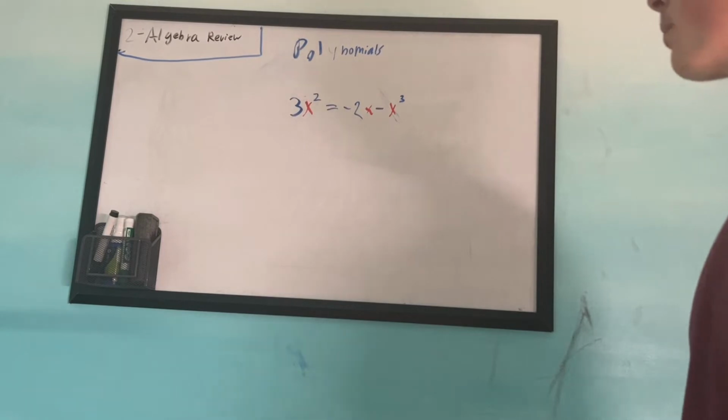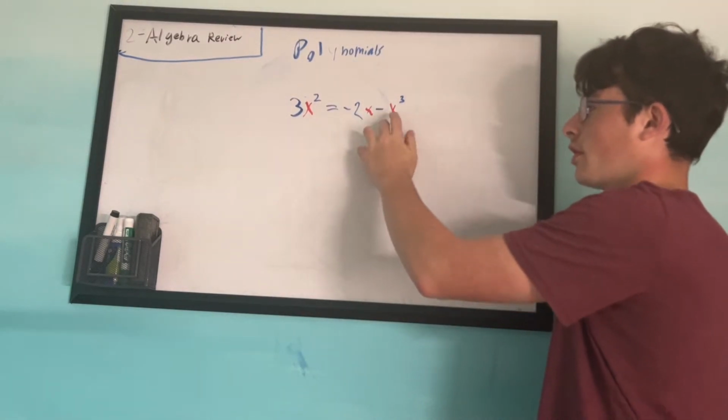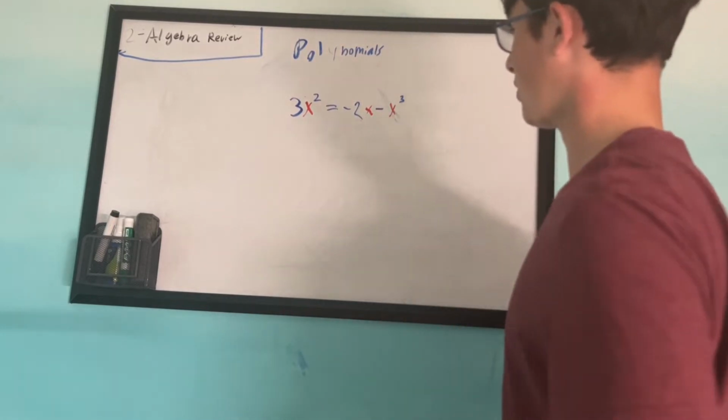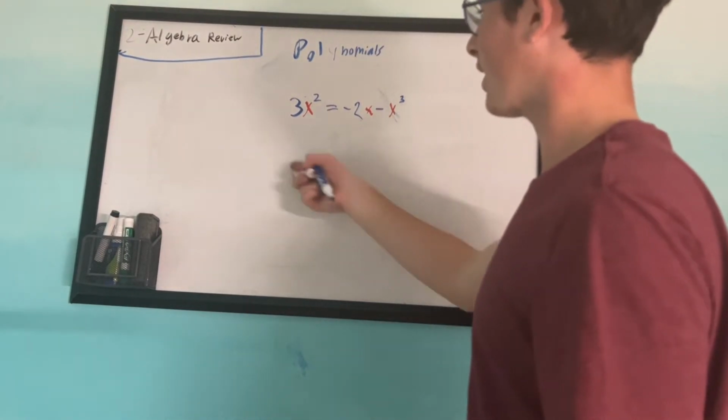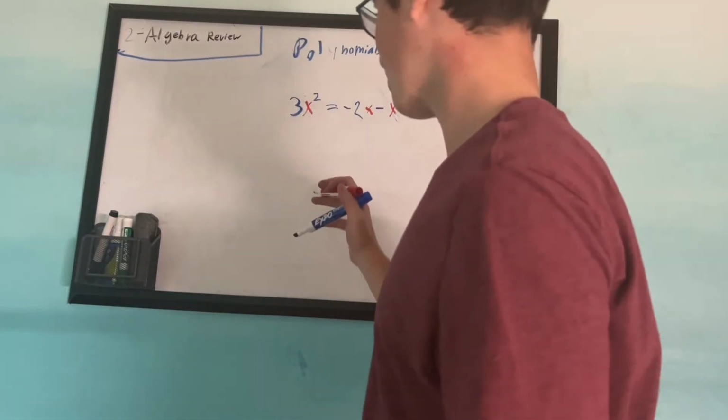And so what we're going to do here is set it up so that the coefficient of the largest x value is positive. So that means we have to add x cubed to both sides. So we get rid of the negative x cubed over here and we have instead a positive x cubed over there.